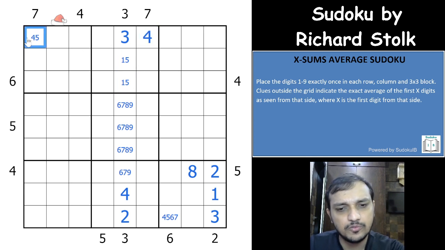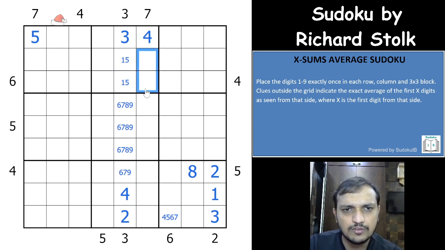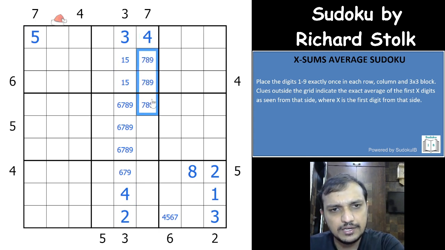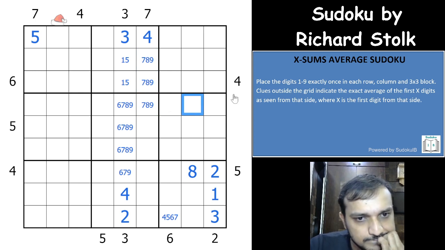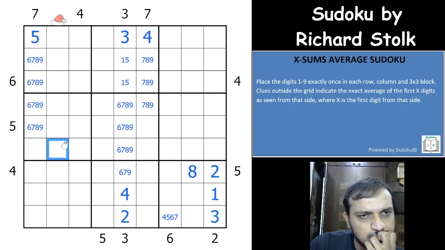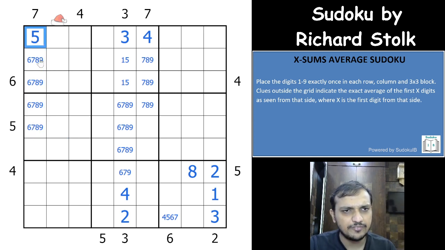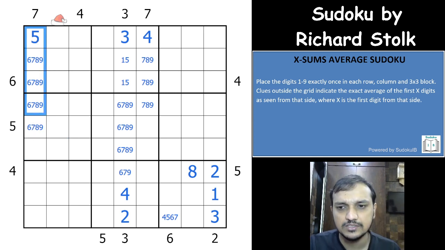This would have to be 4. This is a 5. Sum of first 4 digits would be 28. If 4 is ruled out, you will have 24 remaining. 7, 8 and 9. And this is 6, 7, 8 and 9, because sum of first 5 digits would have to be 35 and the only possibility is 6, 7, 8 and 9. 5, 6, 7, 8 and 9 for the first 5 digits.